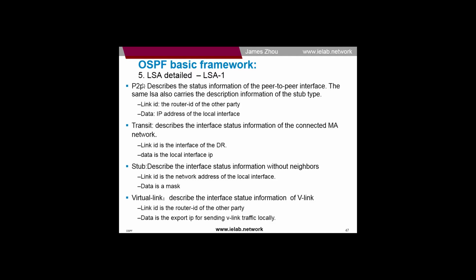The first is point-to-point, which describes the status information of the point-to-point interface. The link ID will be the router ID of the other side.